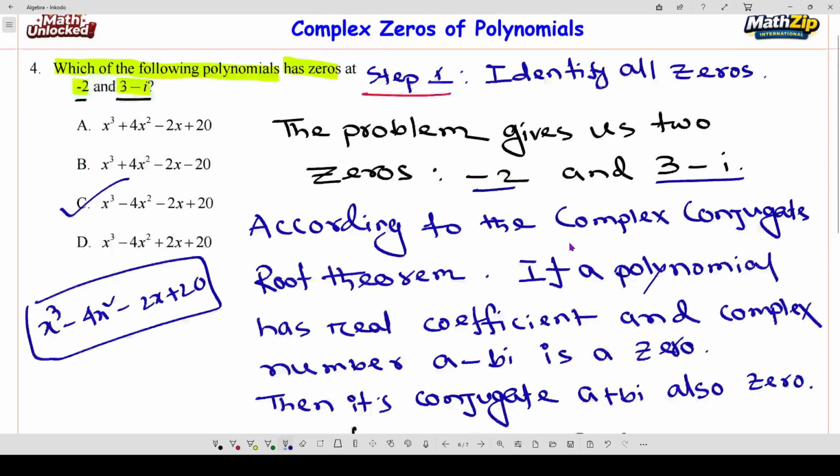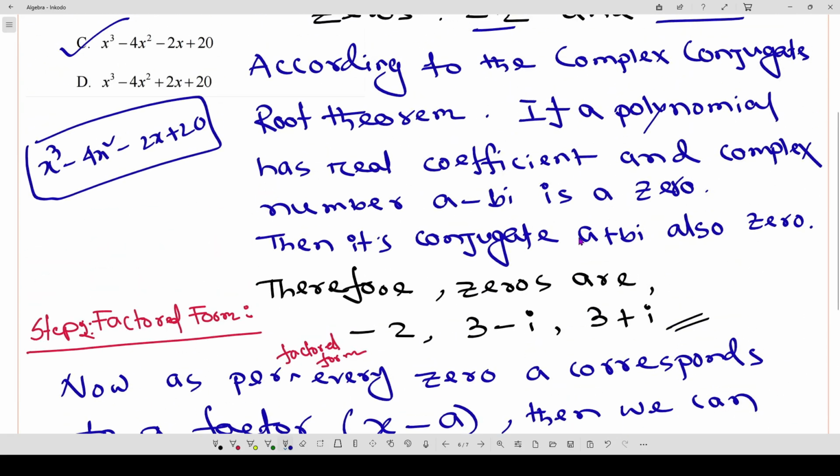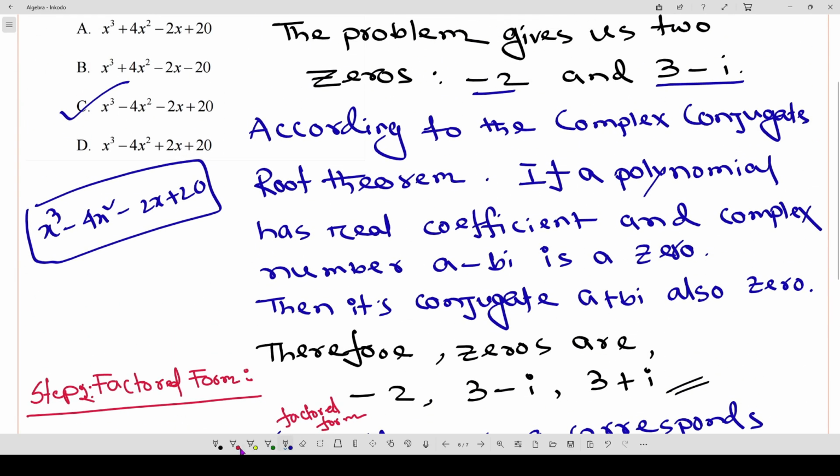It's a very easy math, so don't worry about these kinds of problems. The problem gives us two zeros, minus 2 and 3 minus i. If a polynomial has real coefficients and the complex number a minus bi is a zero, then its conjugate a plus bi is also a zero. So we get minus 2, 3 minus i and 3 plus i.